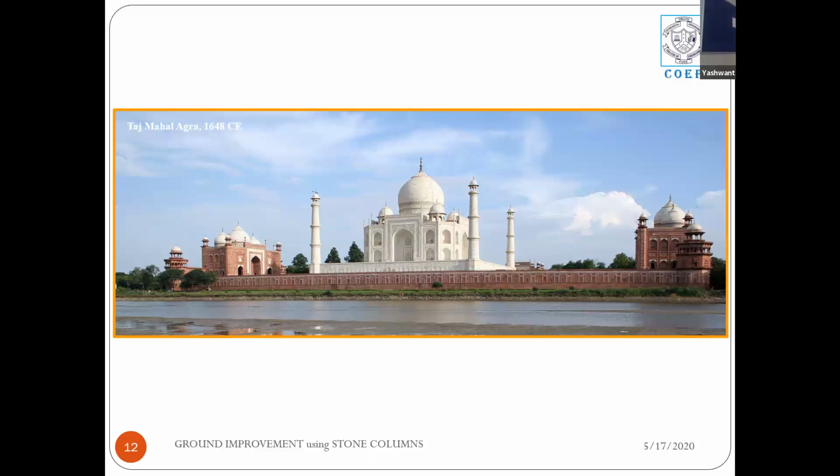Now, what happened with the population explosion in the first quarter of the 19th century across the globe, and particularly in the Asian continent? Most of the good sites or sites with good quality soils were utilized. Another thing, because of scarcity of good sites, the engineers started shifting to poor sites, where the strength or bearing capacity of the soil was insufficient.